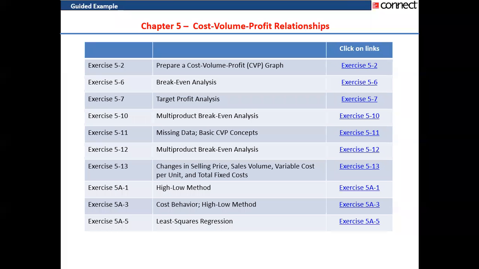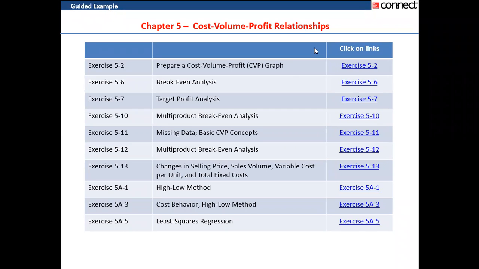In today's class, we would like to apply our learning of the relationship among cost, volume, and profit. We will go through some of the exercise problems from the text by Garrison, Noreen, and Brewer.